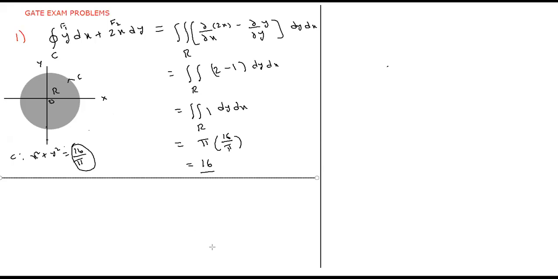What is the second problem? Integral over C of 3x minus 8y square dx plus 4y minus 6xy dy.